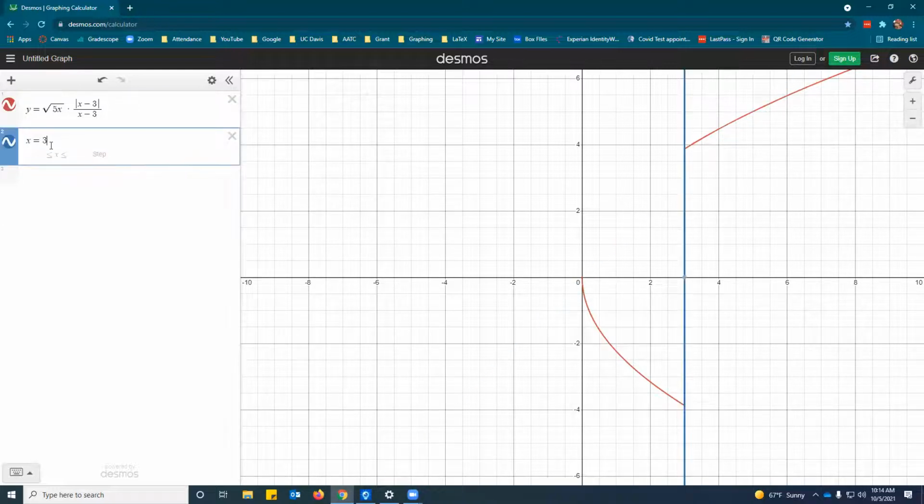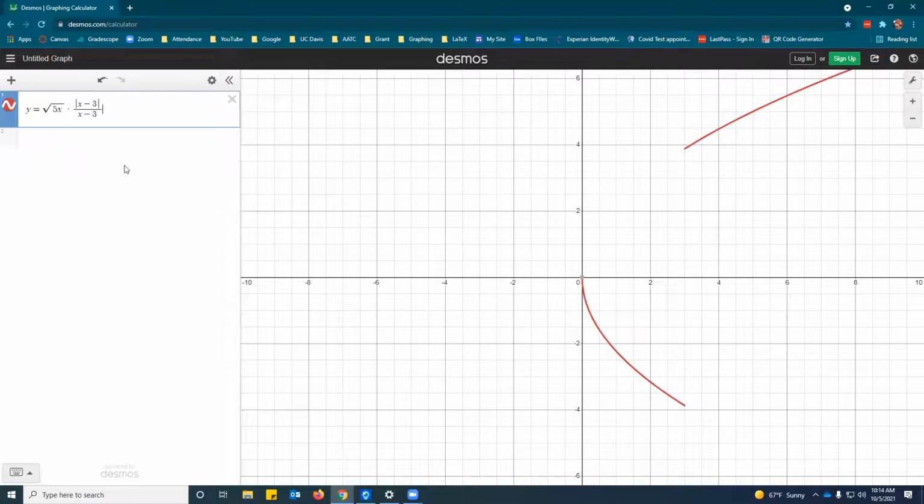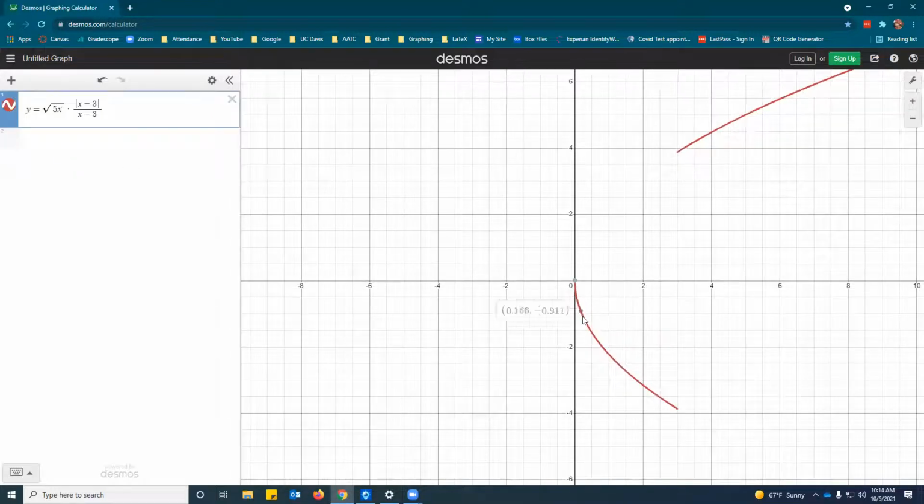And then here's kind of the issue part, right? X equal to 3. I don't think of that as really being on the x-axis. Yeah, I just imagined it in my head. Sure, totally. That's totally fine. But we can definitely see that as the x values approach 3 from the left, we're getting closer and closer to the negative square root of 15.